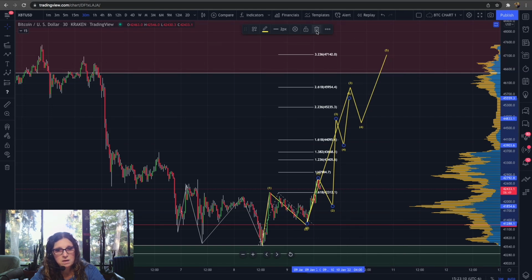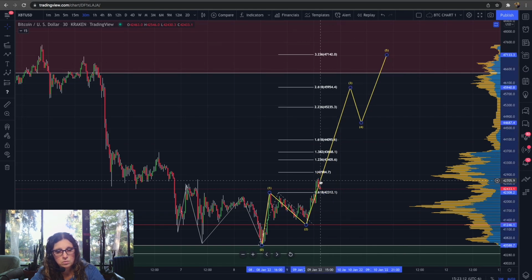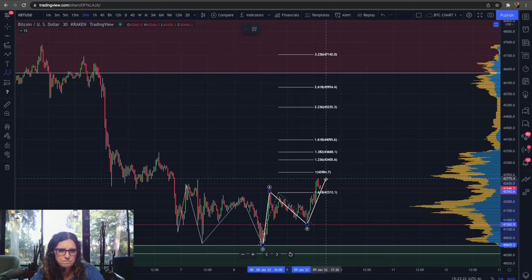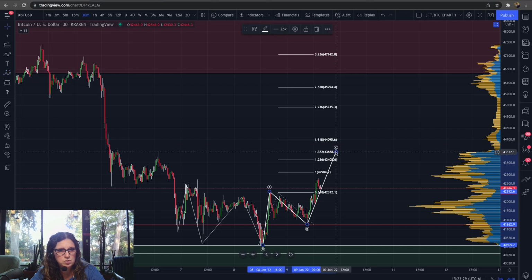If it doesn't make the 1-2, 1-2, then it is just going to be a zigzag A, B, and it looks like it may get to the 1-to-1, 1.236, 1.382, something like that, into this prior fourth wave territory. ABC.